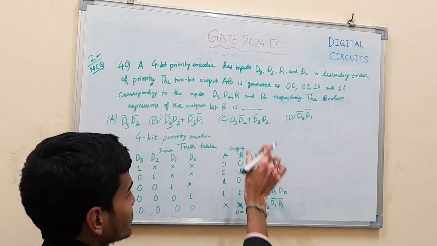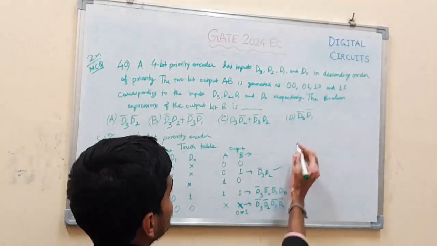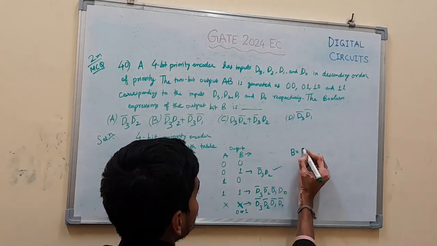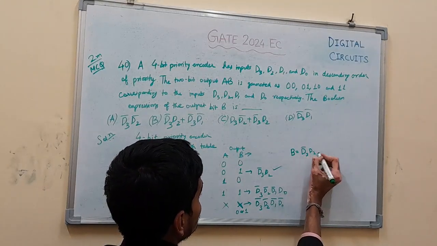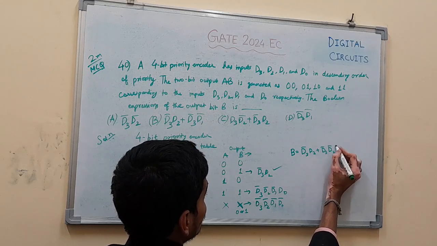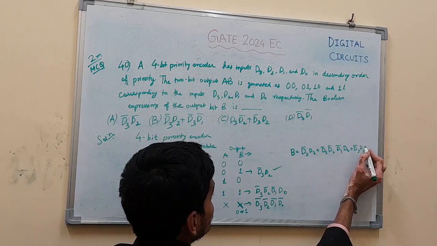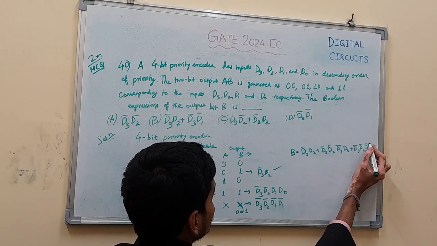Now basically what we have to do is take the sum, a sum of products. So we can write it as D3 bar D2 plus D3 bar D2 bar D1 bar D0 plus D3 bar D2 bar D1 bar D0 bar.